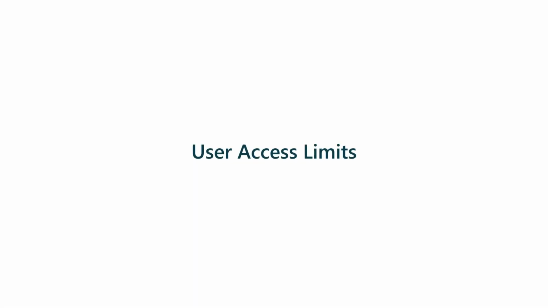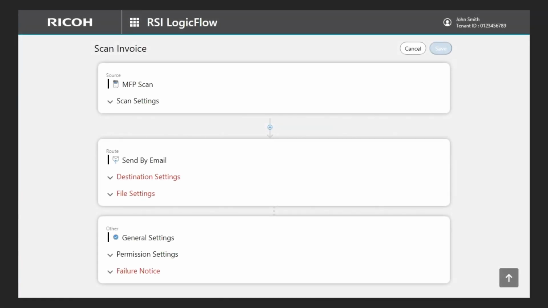User access limits. With RSI LogicFlow, not only can I define the document workflow, but also how the end user will be able to interact with that workflow. I can decide which settings are open to the user and which ones are not. Let me explain how to set this up, for example with the MFP scan function.